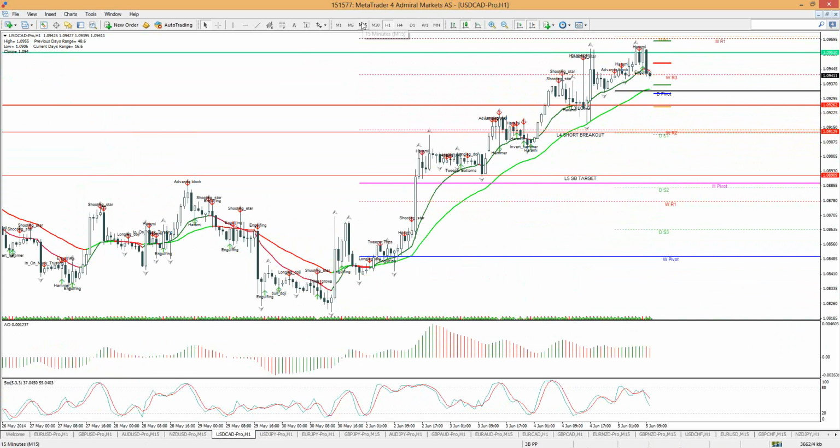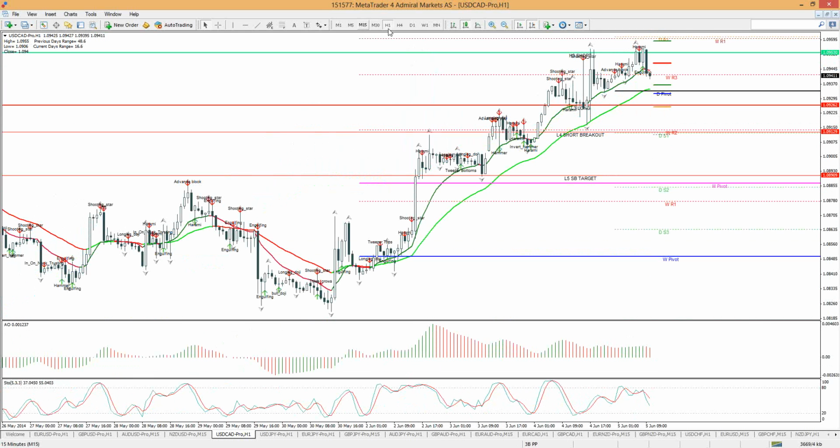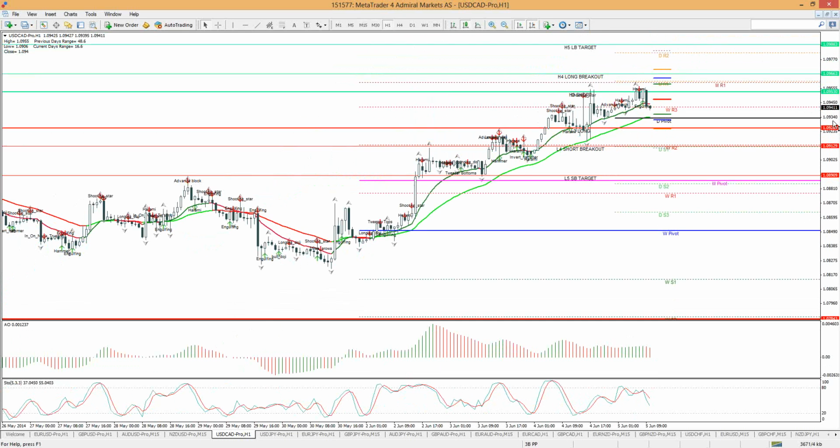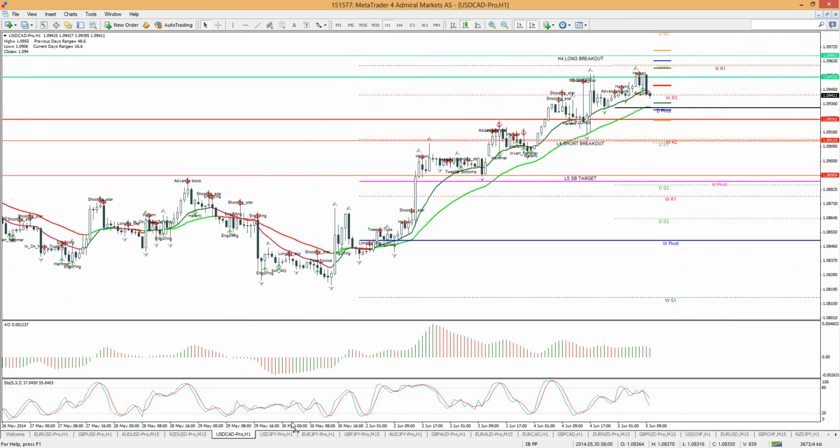Bearish price action at the moment. 15 is not aligned with the hourly, so for the moment I would just skip the CAD, I guess. Doesn't seem that interesting to me.